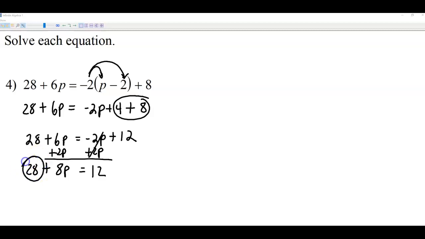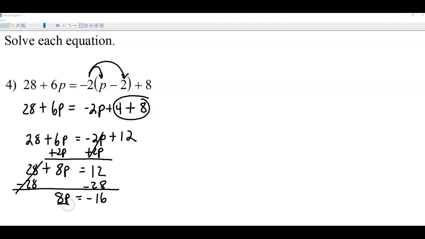This is my constant. So to get rid of that, I'm going to subtract it on both sides. That's going to be a negative number. Let me see. That's going to be 16, I believe. Negative 16. And then the last step is to divide or multiply the multiple there.